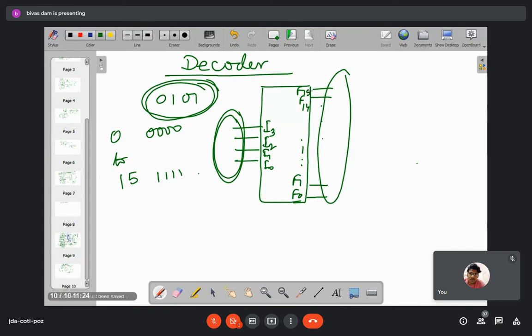The outputs, this F0 to F15, what are the possible output values for each of the output lines? 0 or 1.